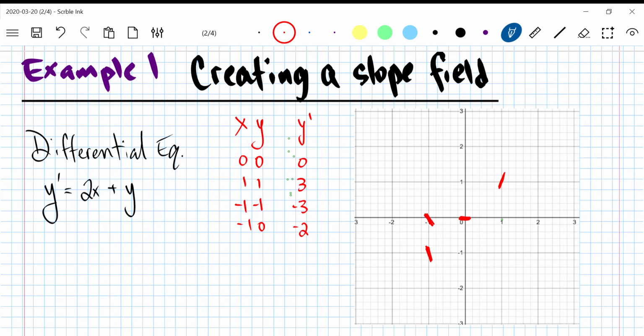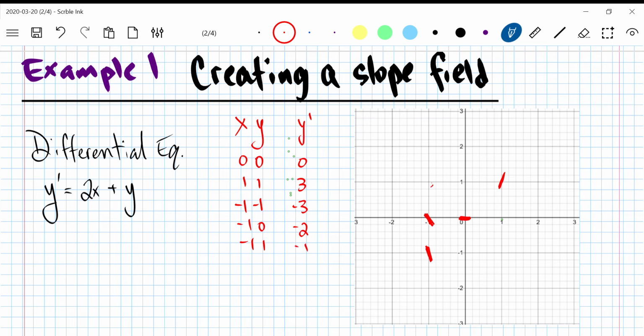And then why don't I just go directly above that? Whatever points you pick works. A lot of times it works better to pick them orderly. I know some of you like to pick them randomly. Go for it. So let's go with negative 1, 1. This would be 2 times negative 1, which would be negative 2, plus 1 would give me an answer of negative 1.